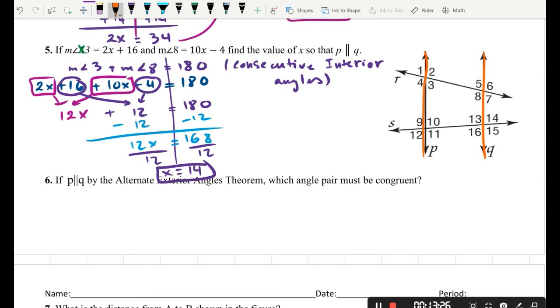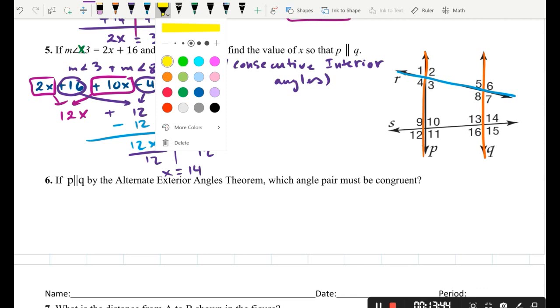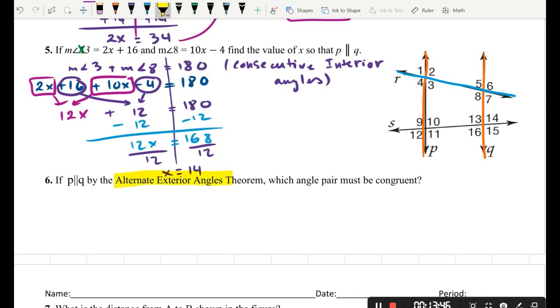First we're going to look at transversal R. R crosses P and Q and creates angles 1, 2, 3, 4, 5, 6, 7, 8. So which one is the alternate exterior angle? Alternate exterior angles will be angle 1 and 7.